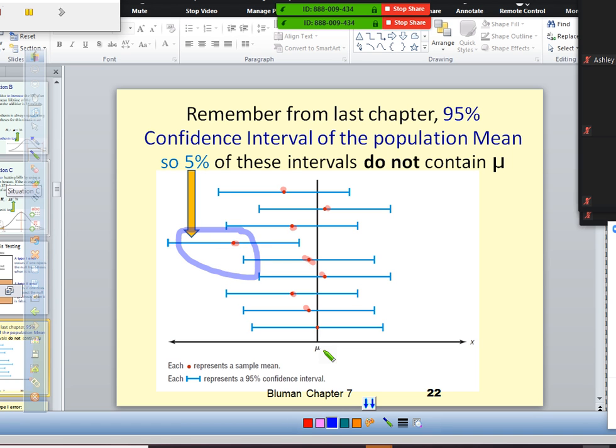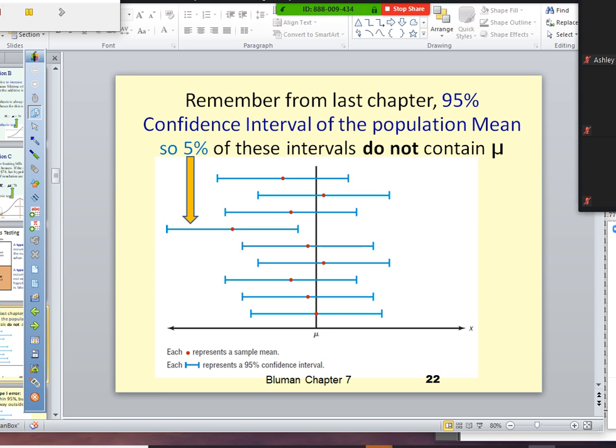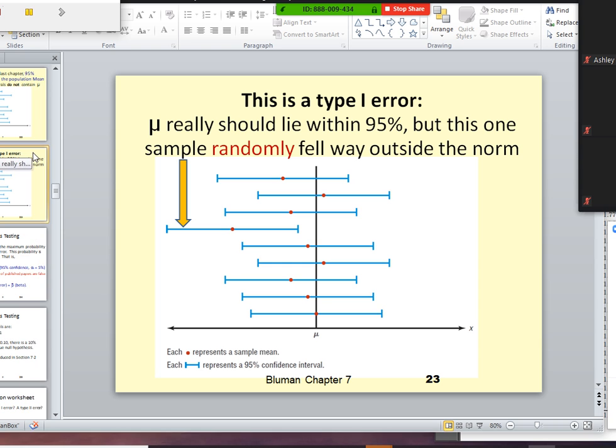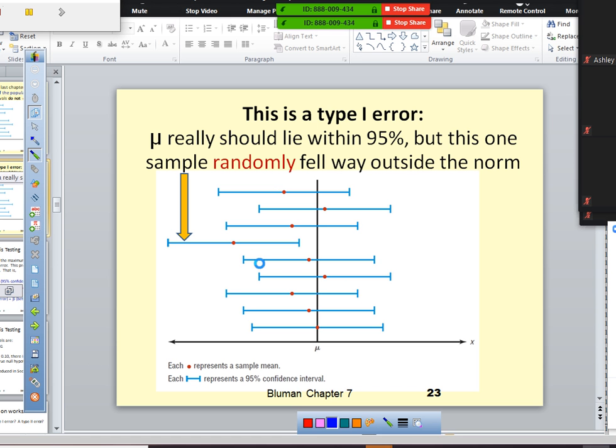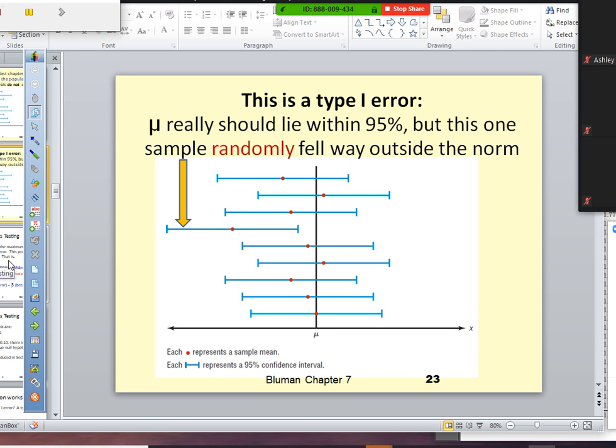This can't be my mean, and you reject the null hypothesis, when really you shouldn't. It's just that you had an unusual sample without realizing it. So that's a type 1 error, when you unknowingly have a strange sample, so you reject the null hypothesis when you should not reject the null hypothesis, right? Because you happen to randomly get one of those 5% of times you got something unusual.